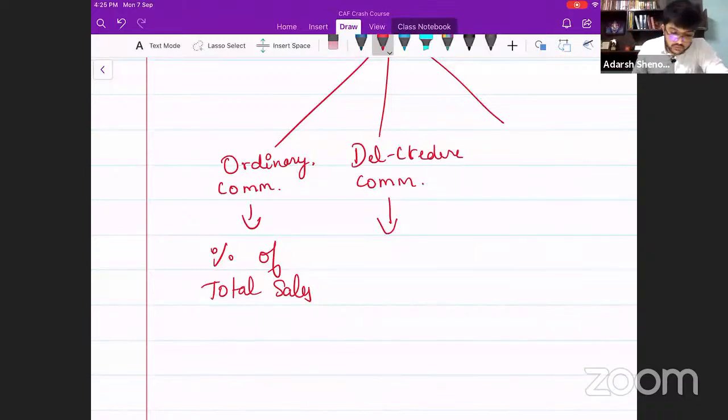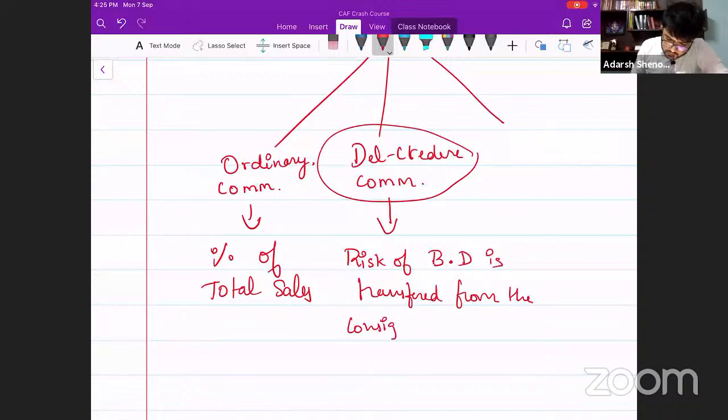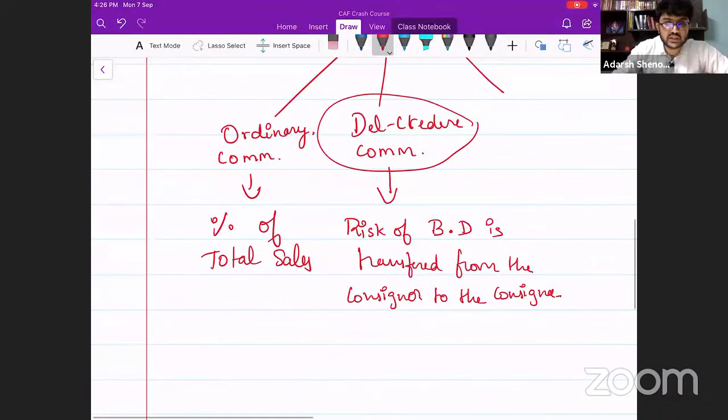The feature of this commission is that when you are paying this del credere commission, the risk of bad debts is transferred from the consignor to the consignee. So I told you earlier, three minutes back, that the bad debt risk is with whom? Who is going to bear the bad debt risk? Generally, the consignor.